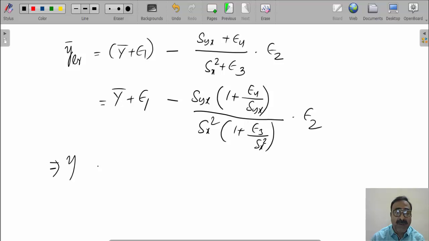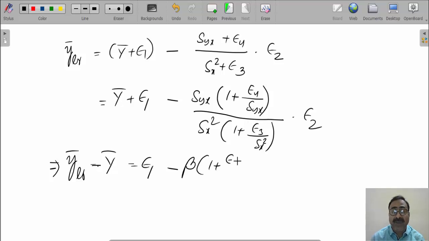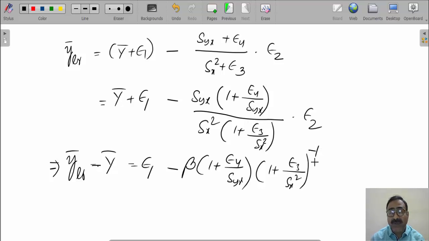That implies ȳ_LR − Ȳ equals ε1 minus S_yx by S_x square, which is the population regression coefficient β, so this will be (1 + ε4 by S_yx) into (1 + ε3 by S_x square) inverse, into ε2.